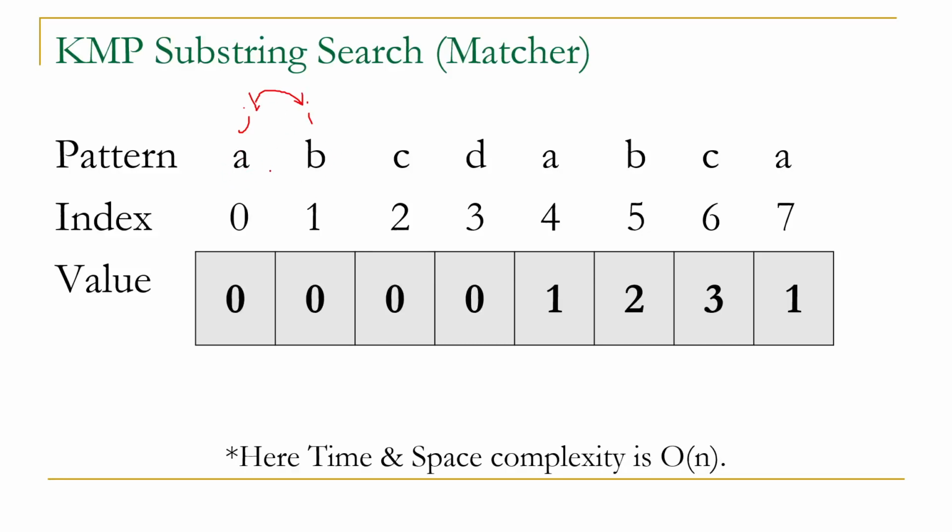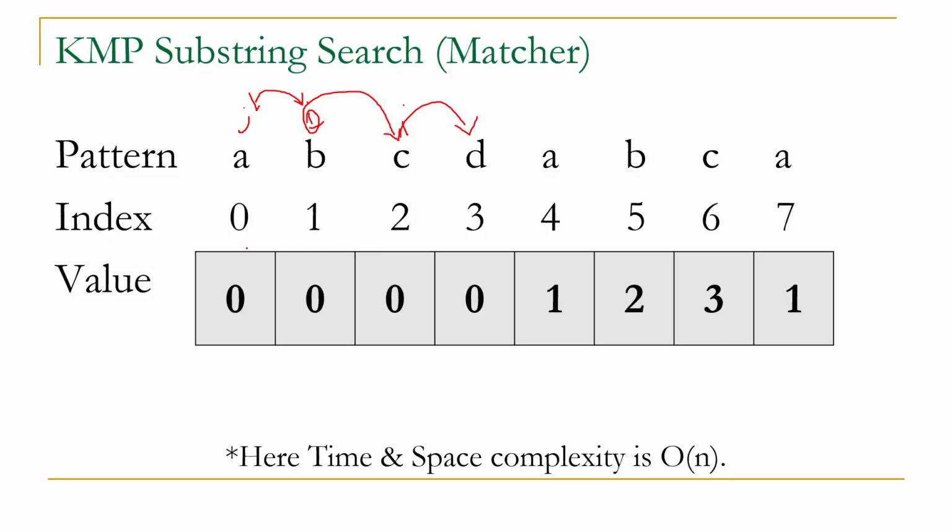Here A is not matched with B, so we can increase the I index from this to this. Again A is not matched with this C. Again we can increase the I index, I plus 1.